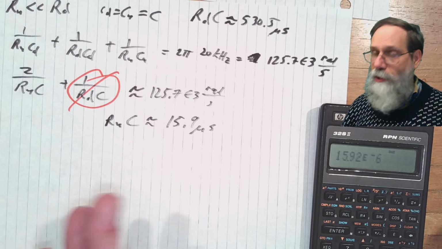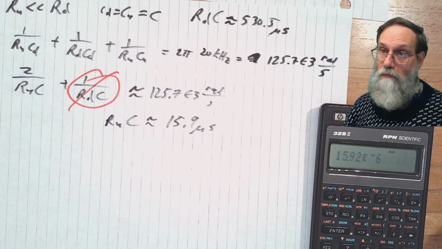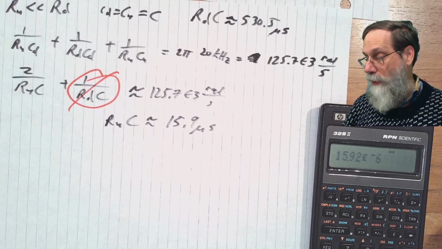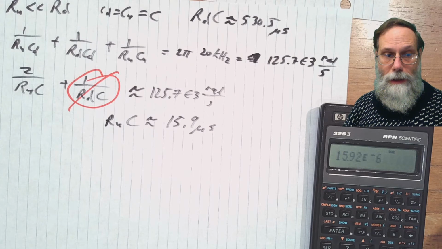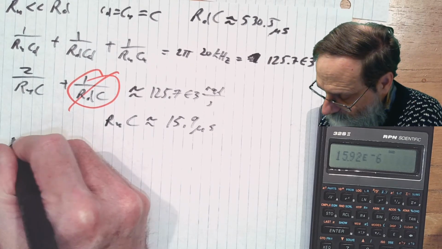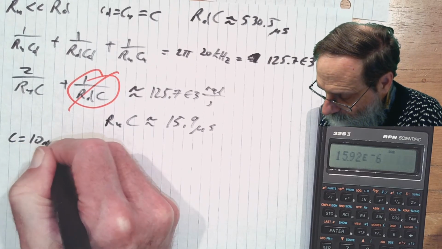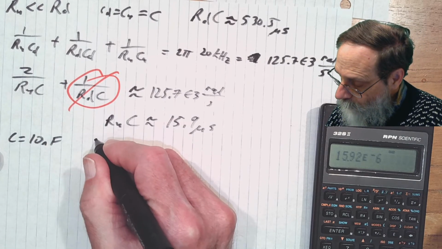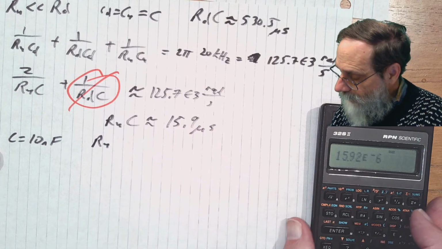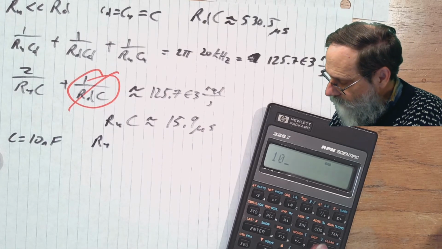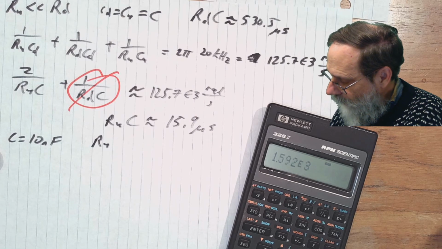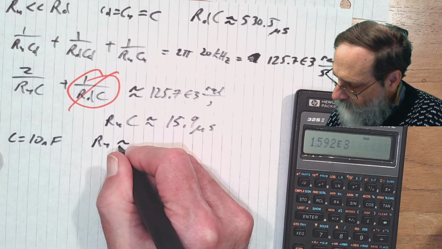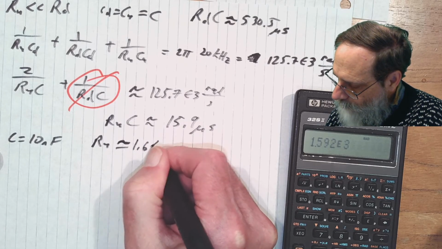We want resistor values between about 1K and 1 mega ohm. We can pick something like 10 nanofarads. If we do 10 nanofarads, then RU is going to have to be this divided by 10 nanofarads, and that's about 1.59 kiloohms. So let's make it a standard value, 1.6 kiloohms.